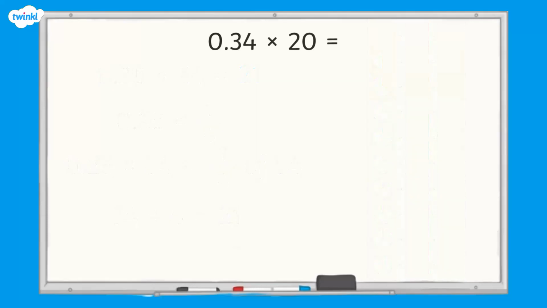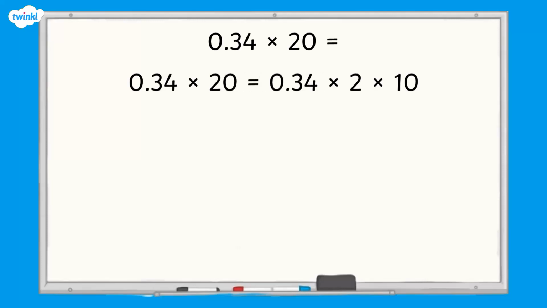If we want to calculate 0.34 multiplied by 20, we can use our place value knowledge to break it into smaller pieces. 0.34 multiplied by 20 equals 0.34 multiplied by 2 multiplied by 10.